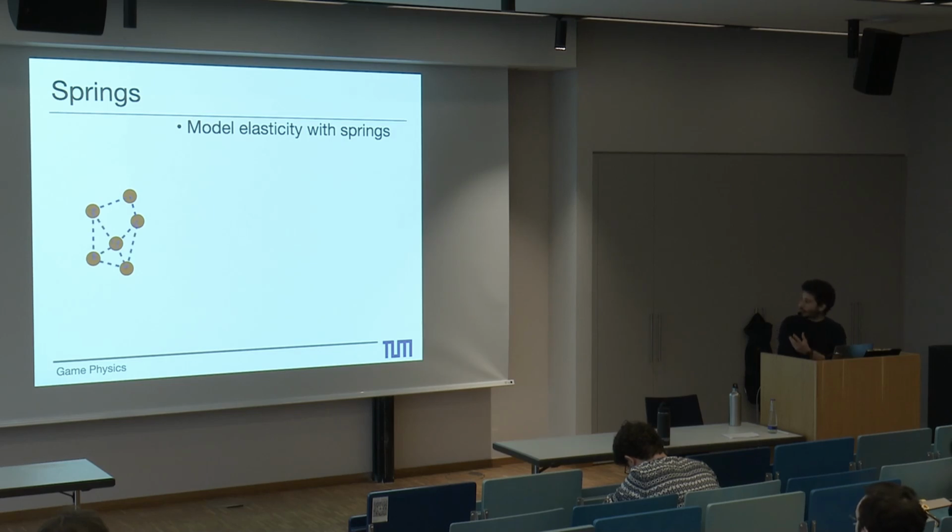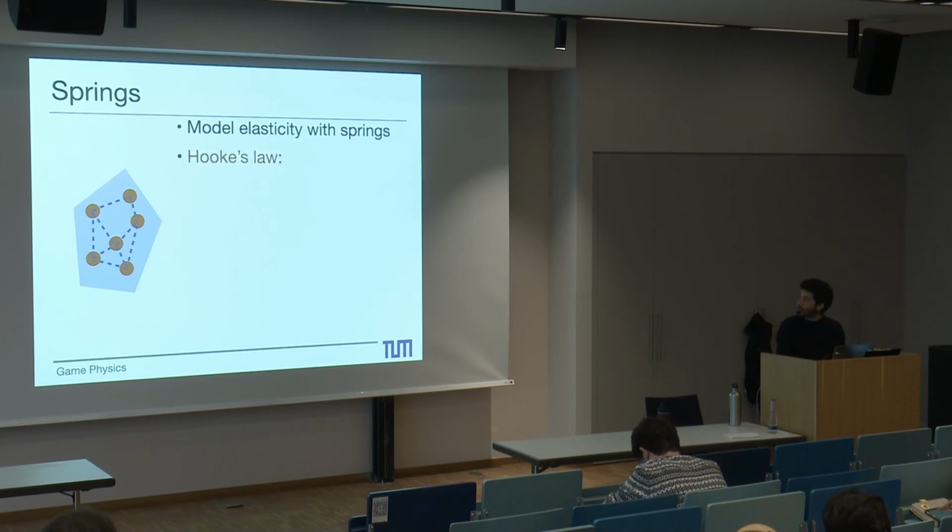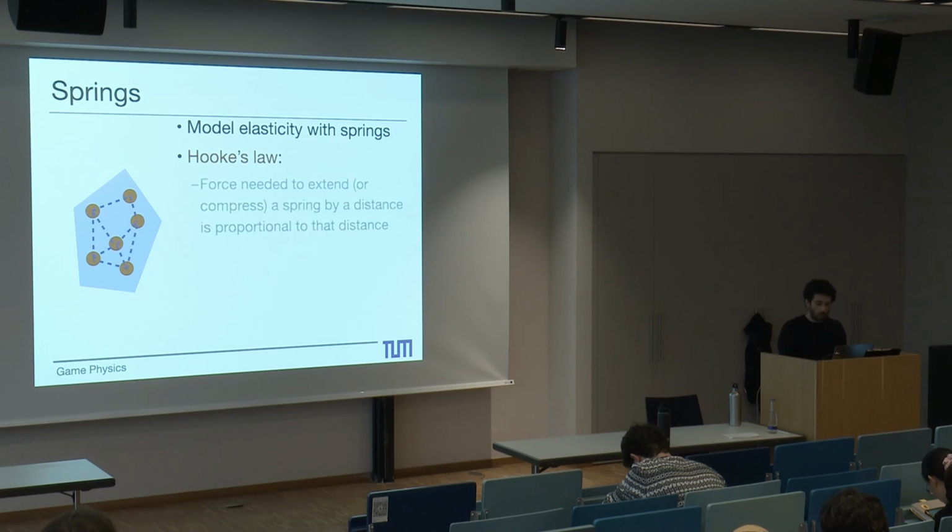So what we're going to do is connect each point to its closest neighbor, and we're gonna model the relationship between the deformation and the force that is acting internally using Hooke's law. So Hooke's law states that the force needed to extend or compress a spring is proportional to the distance that we are using for compression or extension.